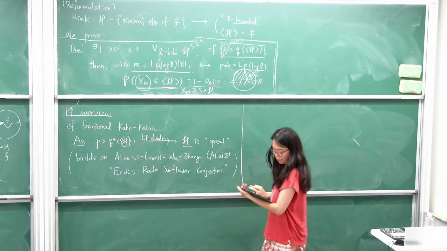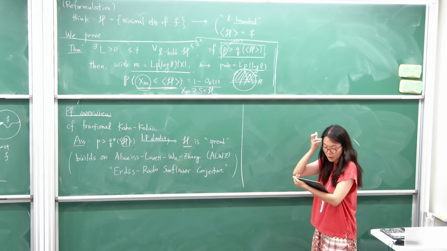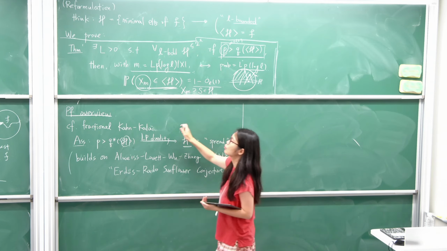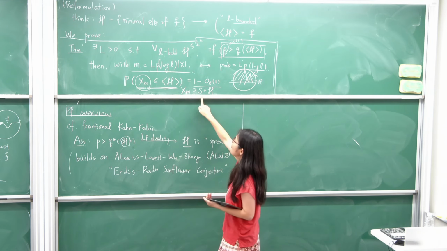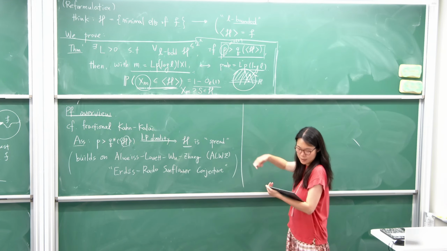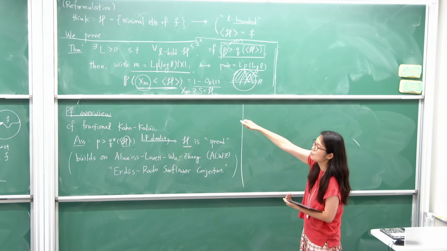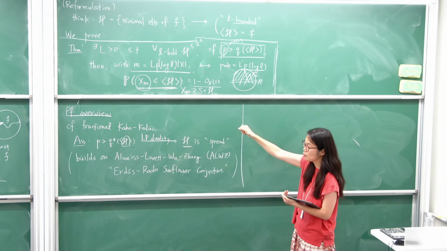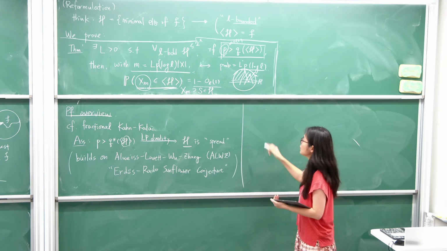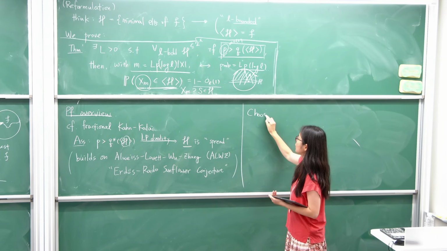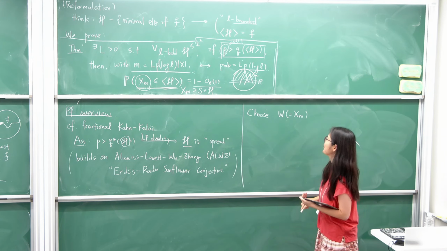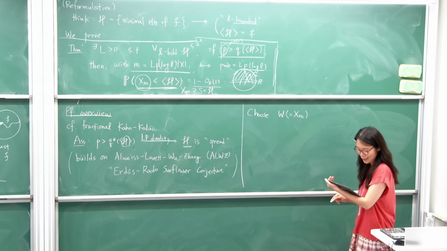What happens in this fractional Kahn-Kalai is this. Eventually we want to show that our random object contains one member in H, and for this, we are not going to choose our random object at once. Instead, we choose our random object step by step. So we choose W, which is another name for Xm, because I'm lazy and want to use one letter.